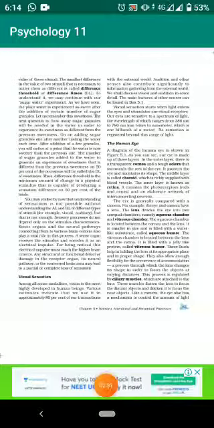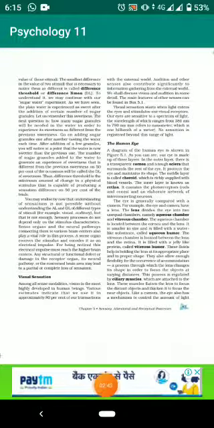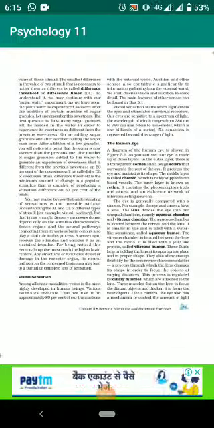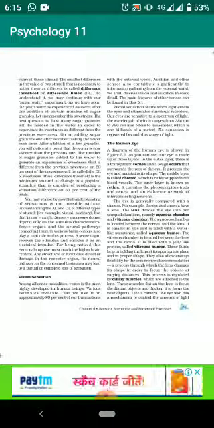So children, the eye is generally compared with a camera. For example, the eye and camera have a lens. The lens divides the eye into two unequal chambers, namely aqueous and vitreous.